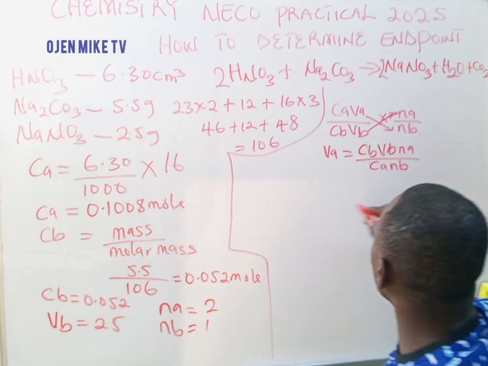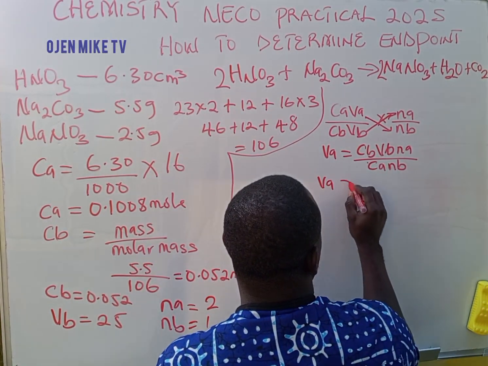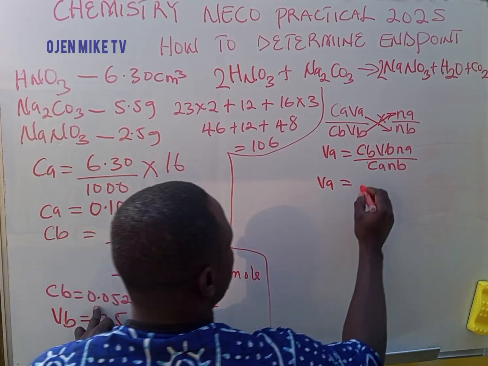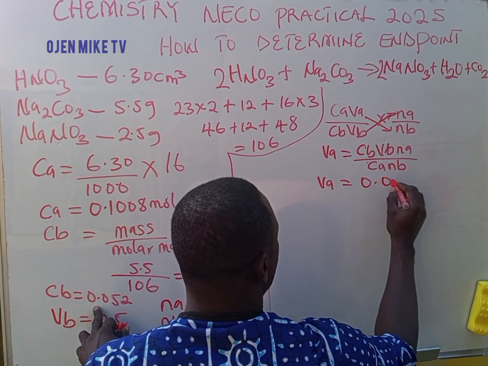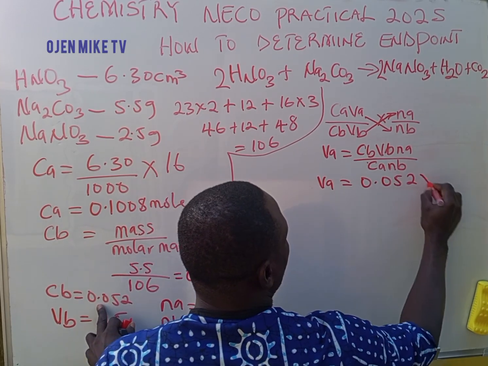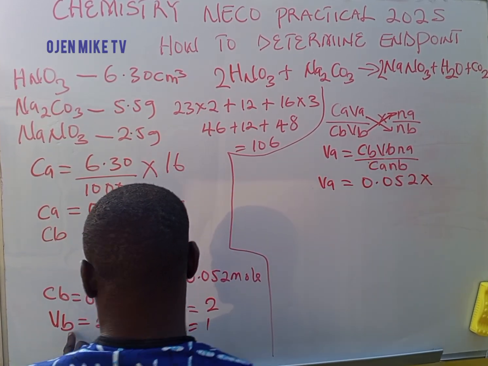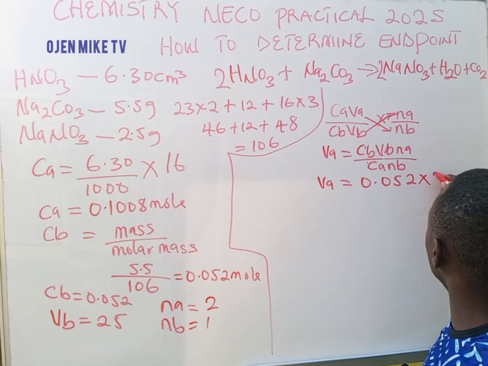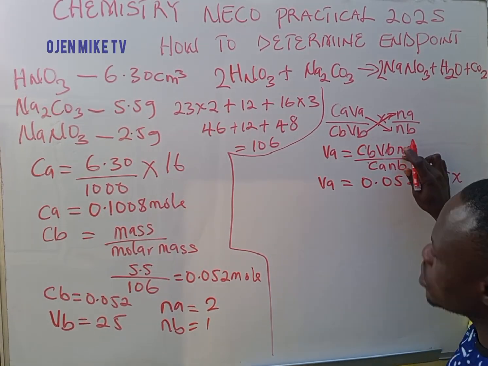So we therefore say Va is equal to, what is your Cb? Cb is 0.052, multiplied by your Vb. Look at your Vb here: Vb is 25, multiplied by your Na.